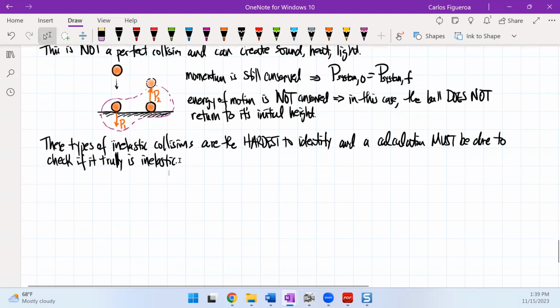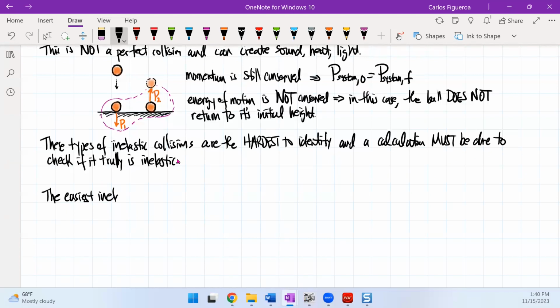So what do we deal with? We deal with the easiest case most of the time. So the easiest inelastic collision is completely inelastic.